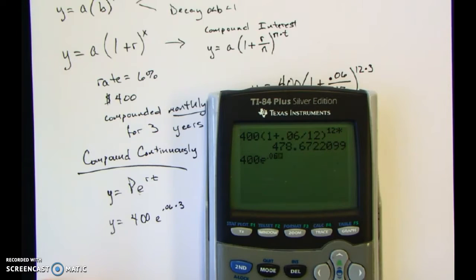So in this case, we have a rate of 6% times our time of 3 years. And so compounded continuously, and again, this is only over 3 years, that adds up to $478.89.